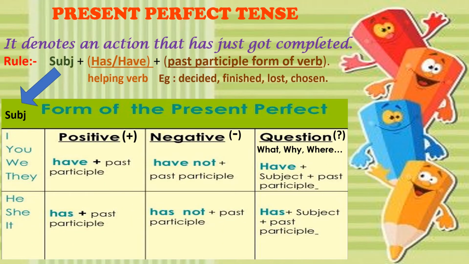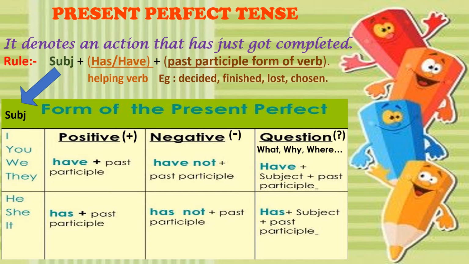Present perfect tense denotes an action that has just got completed. Here the rule is subject plus either has or have, which are helping verbs, plus the past participle form of verb, where the word decide is added with an alphabet D, decided, to form the past tense.